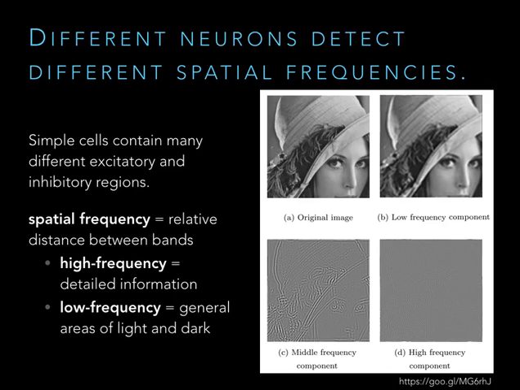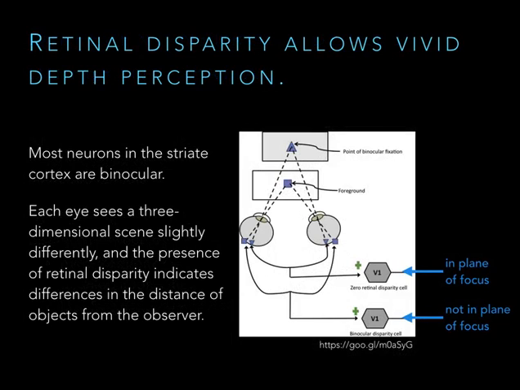Now we also respond to retinal disparity. There are some neurons in V1 or the striate cortex that are going to respond when the image is hitting the same spot in both retinas, or they will respond if the image is hitting different spots in the retinas. Okay, so in this cartoon on the right, we can see that there are two eyeballs there looking at a triangle.